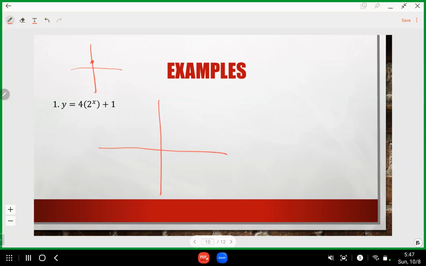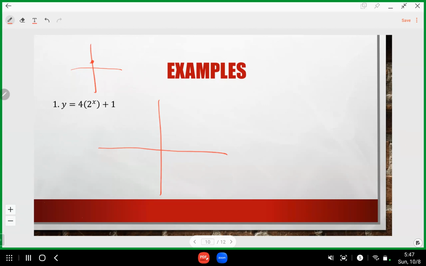First of all, we have to stretch this vertically by a factor of 4. That is no problem. Then we add 1 to the range, which is basically moving it up by 1.